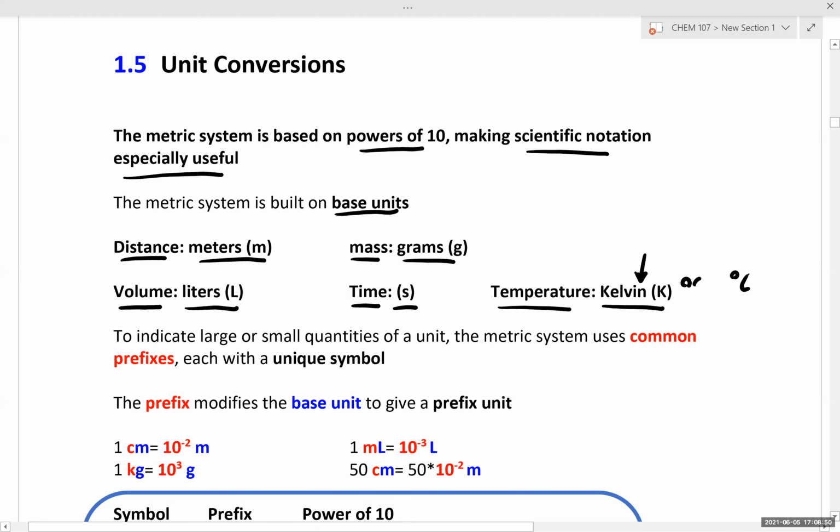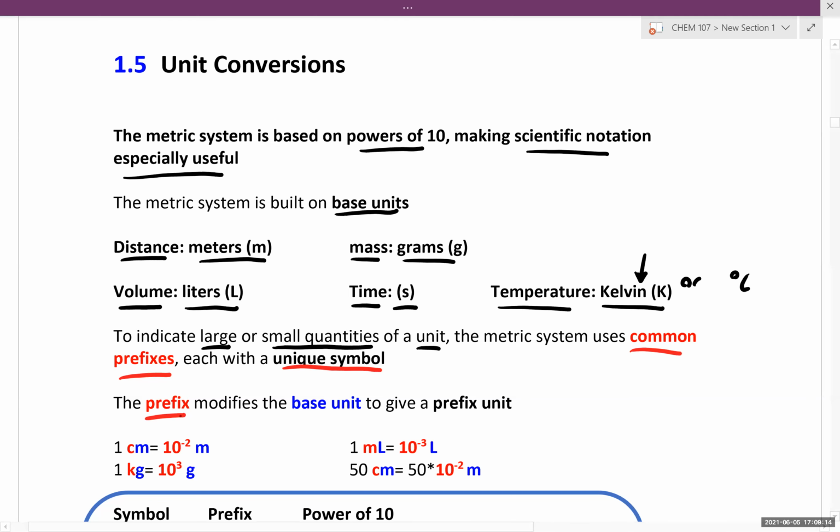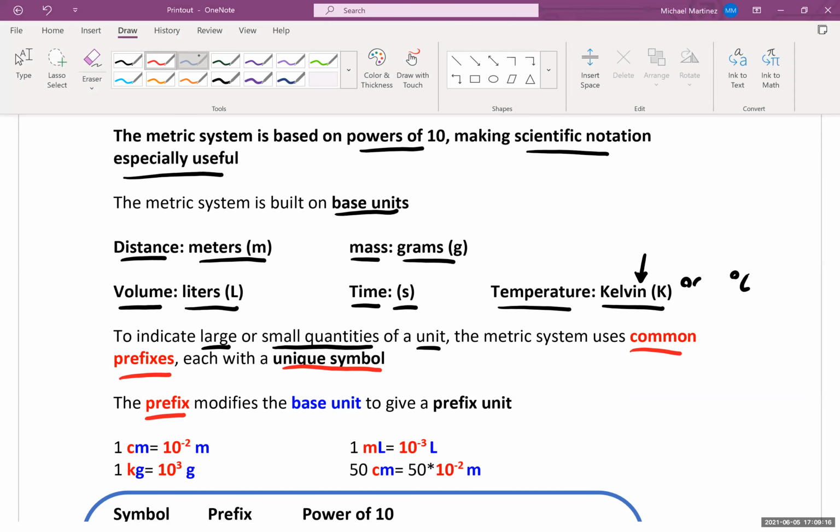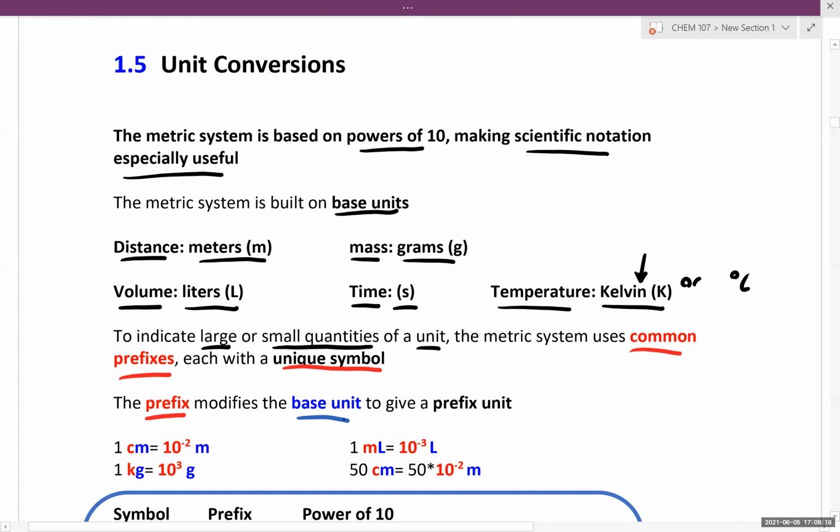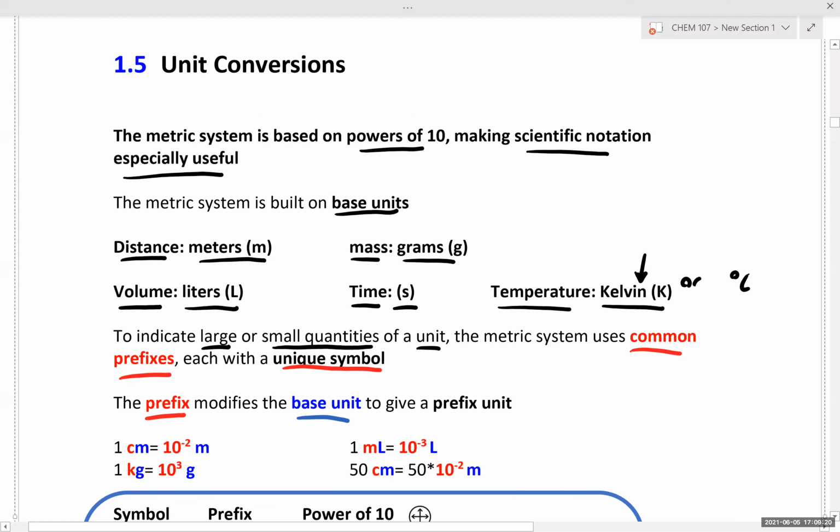Now, one really wonderful thing about the metric system is that to indicate large or small quantities of a unit, the metric system uses a set of common prefixes, each with a unique symbol. This prefix modifies our base unit to give what's known as a prefix unit.